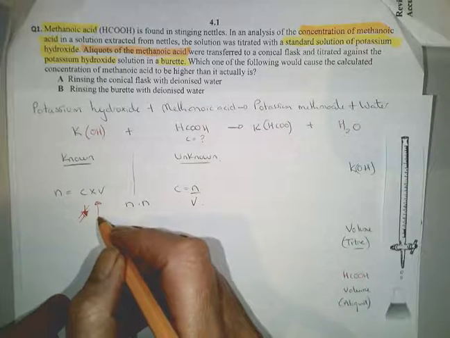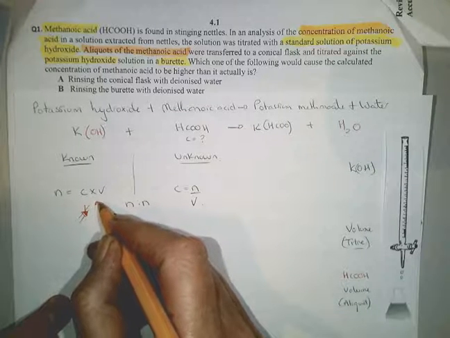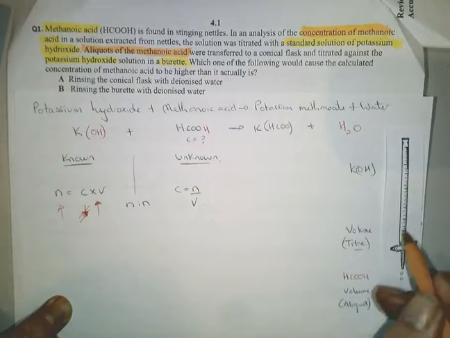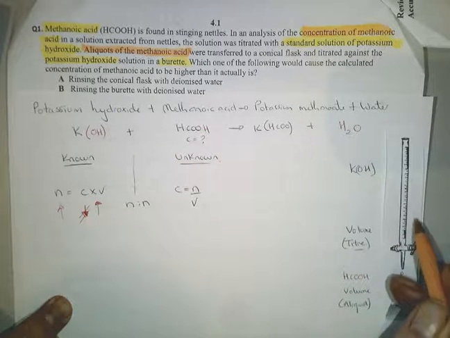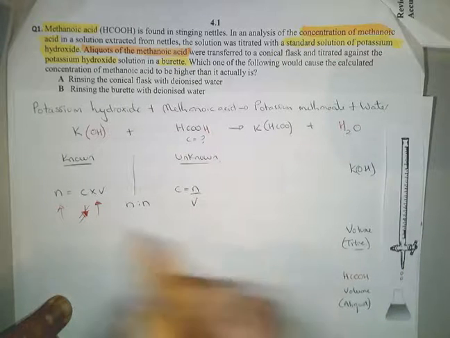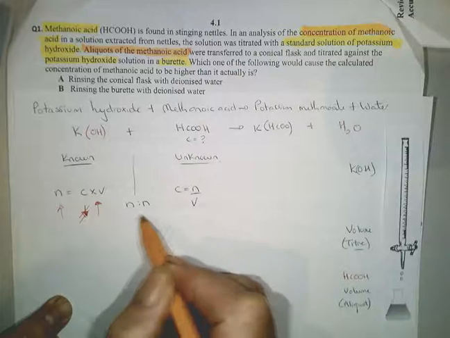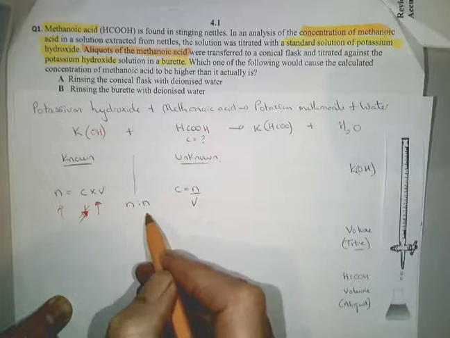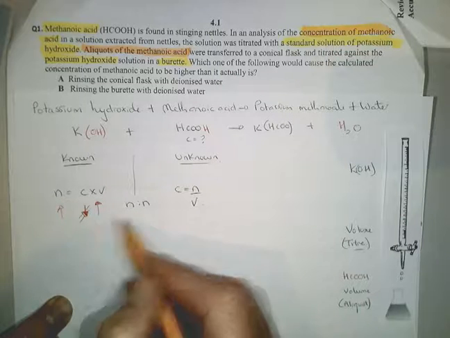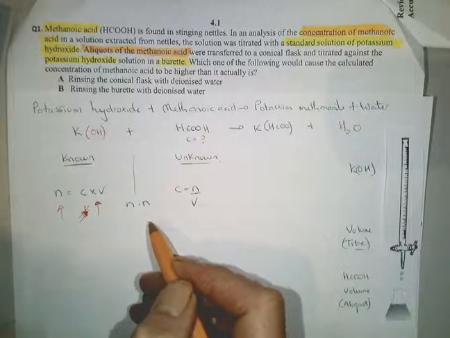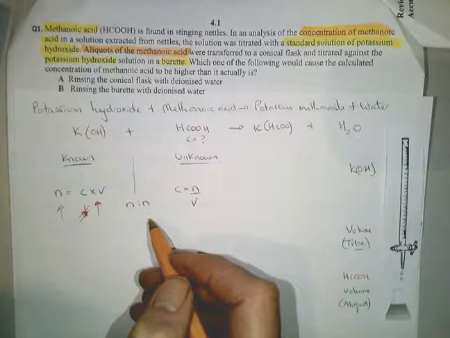So if the volume was large, then it would imply that the number of moles in there was large. If you're using a large volume, then it implies that you're having to put a large volume in here, so that you have a lot of moles in here, because it's a 1-to-1. If you're having to have a lot of moles of this, then you must have had a lot of moles of methanoic acid to react with.